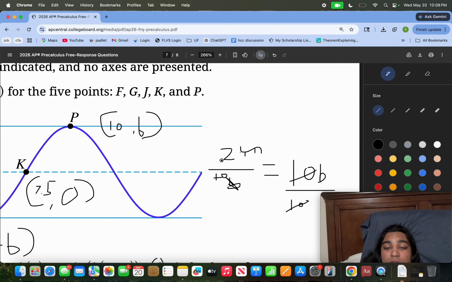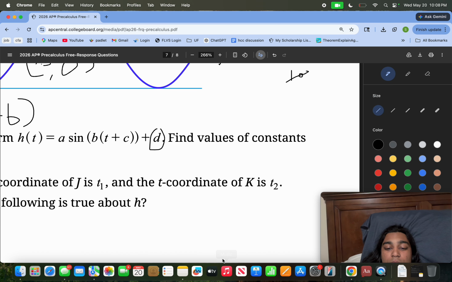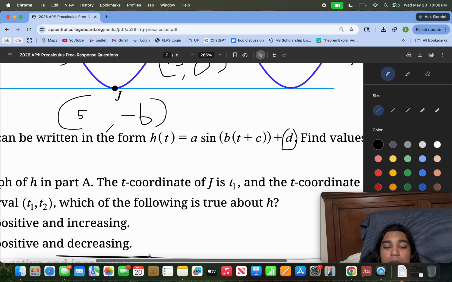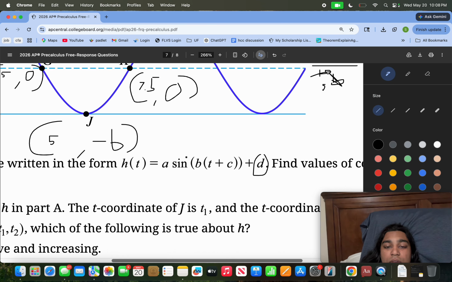The 10 and the 2 cancel. So on top is just 1 times pi, so literally just pi, and on the bottom it would be a 5. So my B is pi over 5.